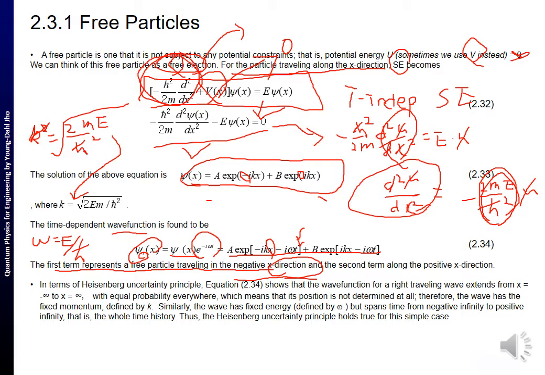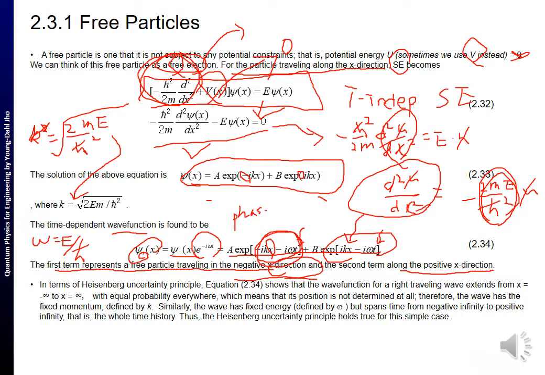The second term propagates along the positive x direction, because as t increases, x should increase to keep the same exponent, or phase.